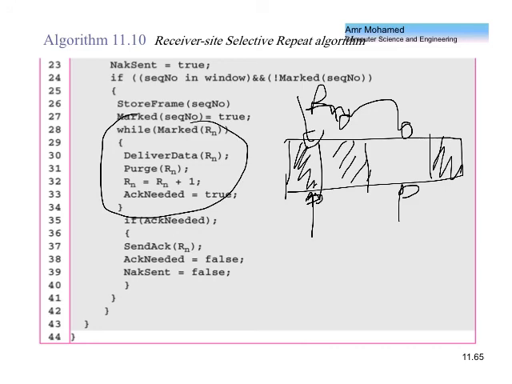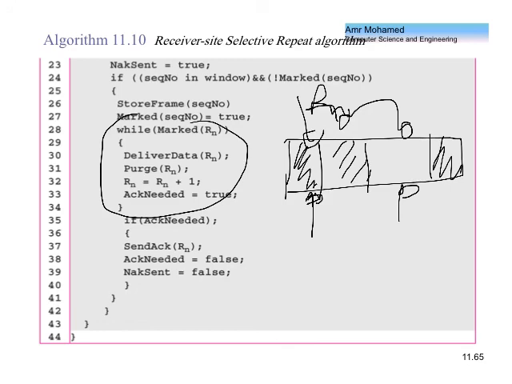While I'm sliding the window, this means I received a frame successfully. So then I should send a positive acknowledgement. But as we said, the acknowledgement is always accumulative. Negative acknowledgement is individual, but the acknowledgement is always accumulative.